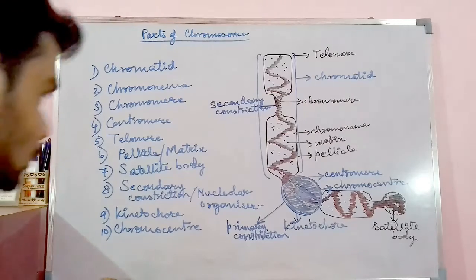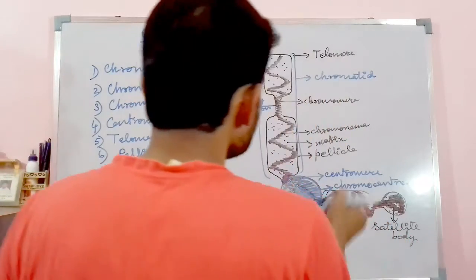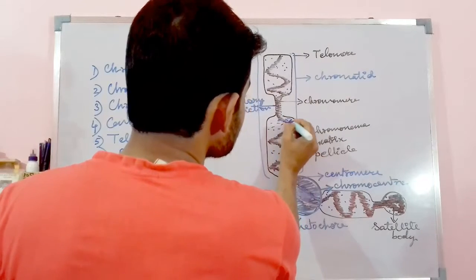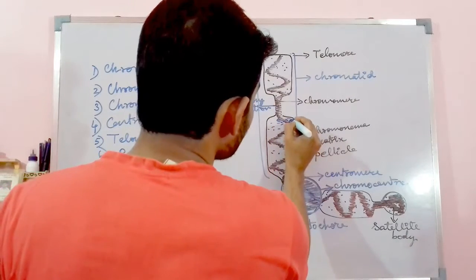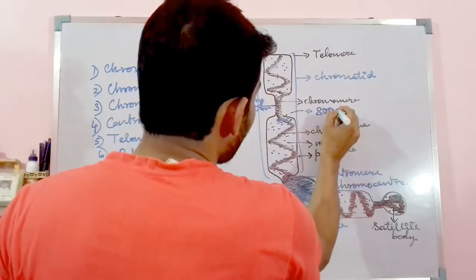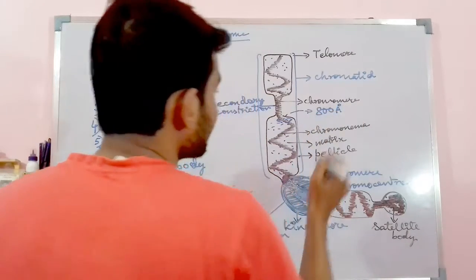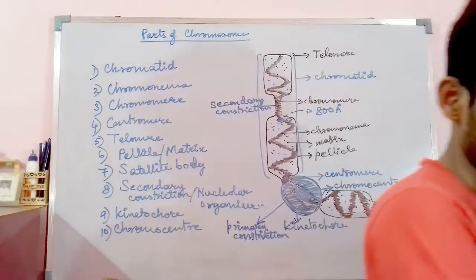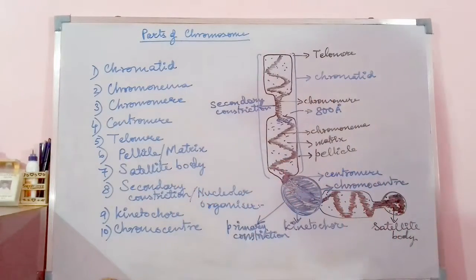So if you write the thickness here, it is almost 800 angstrom, containing about 2 to 8 microfibrils.